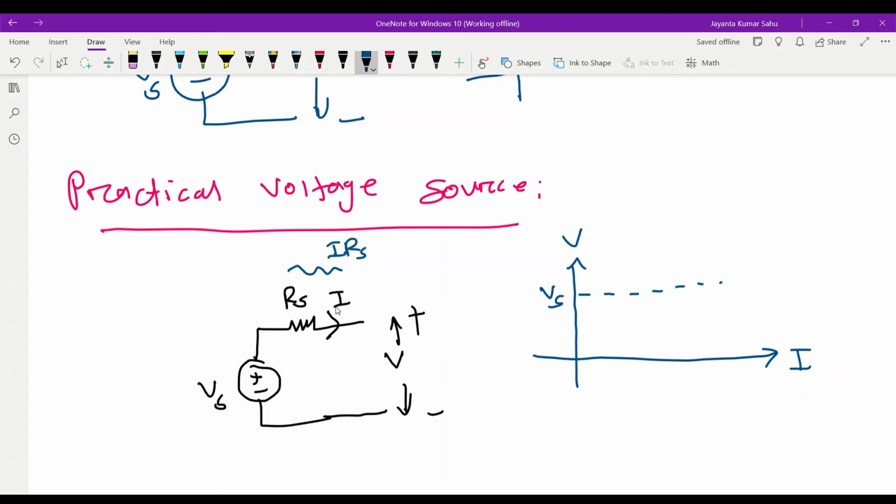A small amount of voltage is dropped, so V is not equal to Vs in the practical voltage source. That means the voltage is decreased. This is the characteristic due to the voltage drop I into Rs.